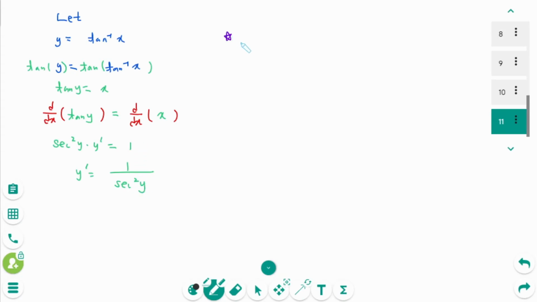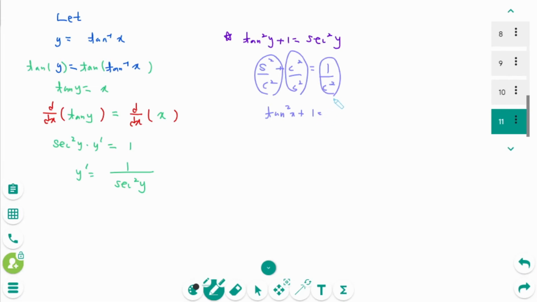Using the identity tangent squared y plus 1 equals secant squared y, which comes from sine squared plus cosine squared equals 1, divide by cosine squared on each side. Then tangent squared y plus 1 equals secant squared y.